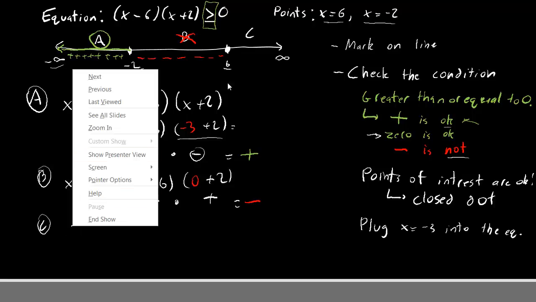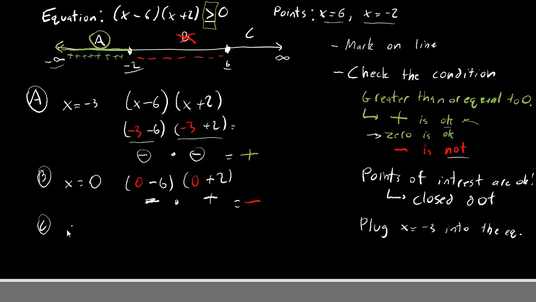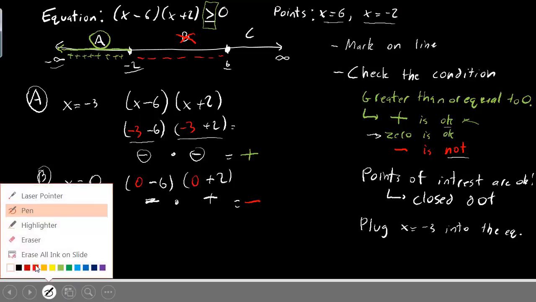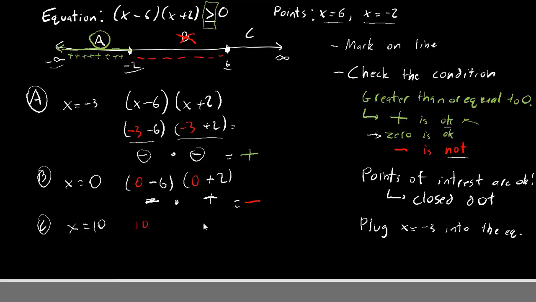Let's pick a number that's in between 6 and infinity. Let's say x equals 10. We're going to plug that 10 into the original equation. So wherever we see x, we will have 10 instead. So our equation becomes 10 minus 6, 10 plus 2.